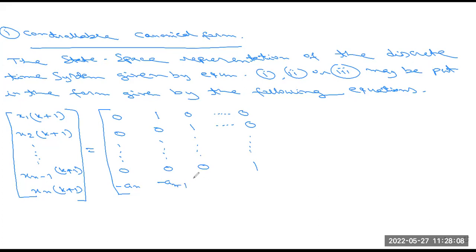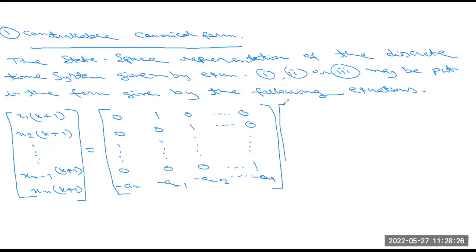Last row: minus a n, minus a n minus 1, and so on, the last being minus a1.